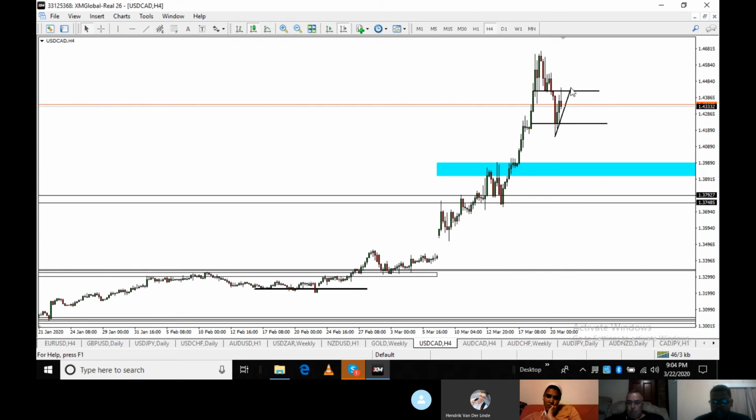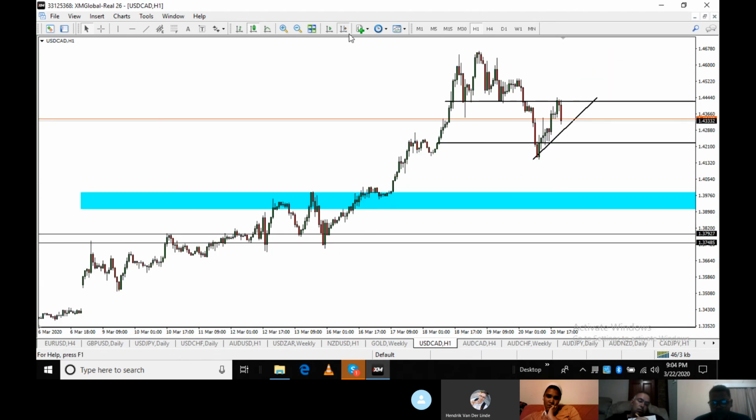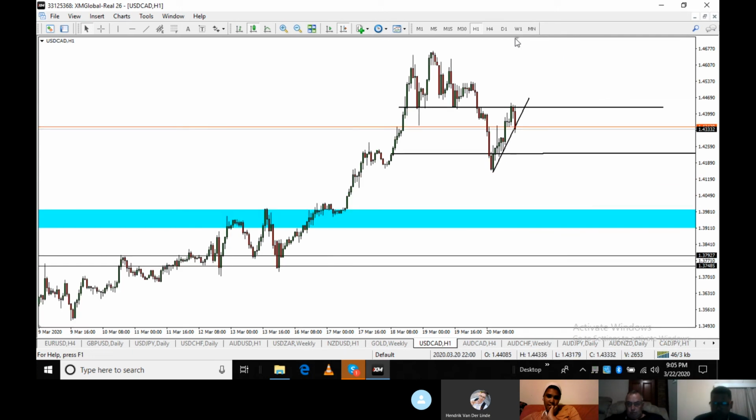Bottom of a candle connected to another bottom of a candle. Let me just go to the 1 hour to make sure my analysis is neat. There we go. You can even have it on an hourly time frame and take confirmation from here. Let me just modify.